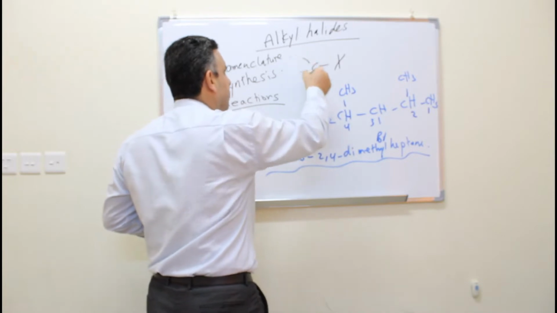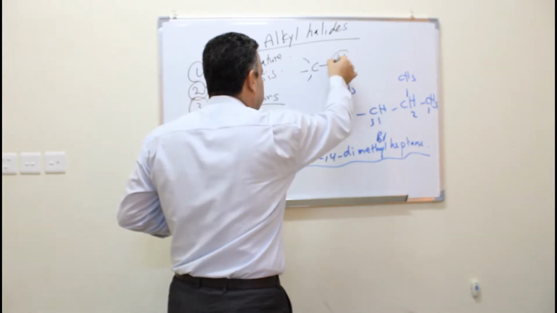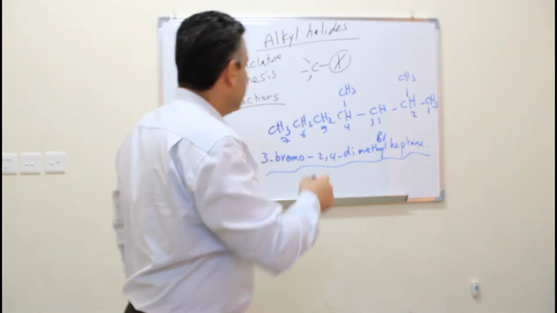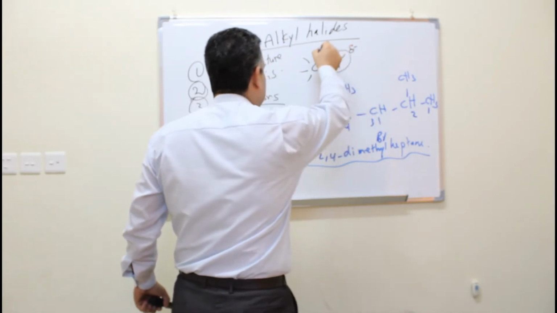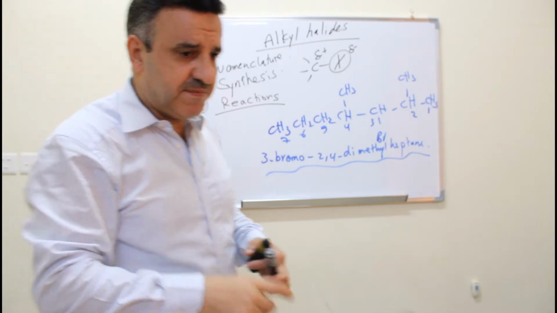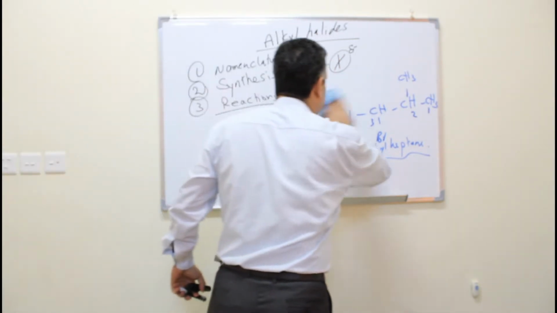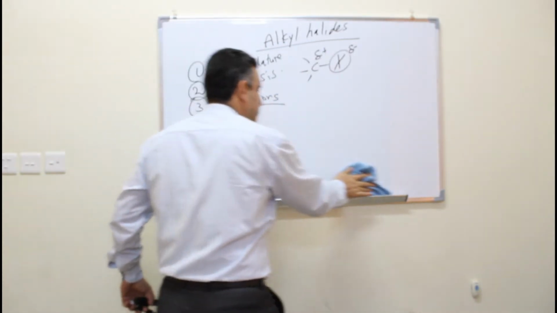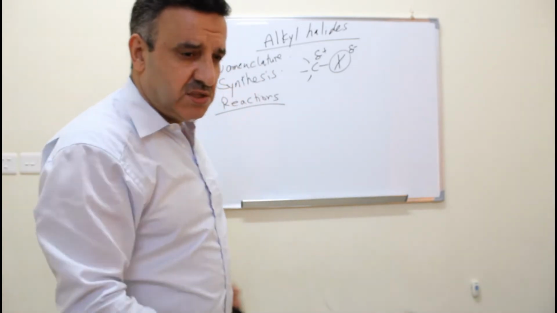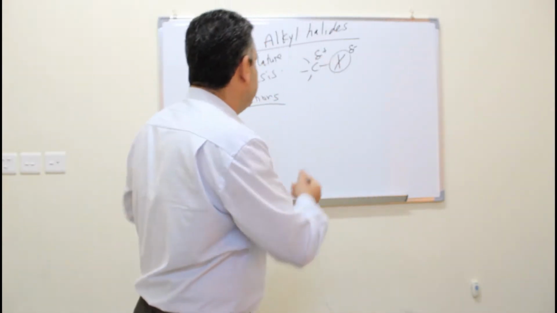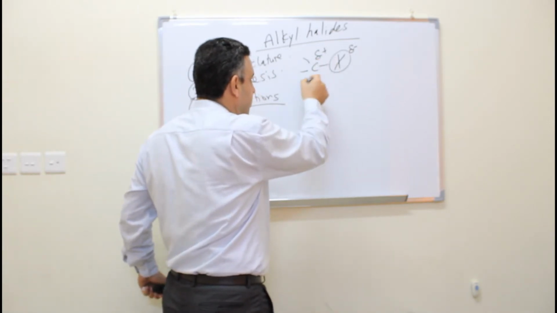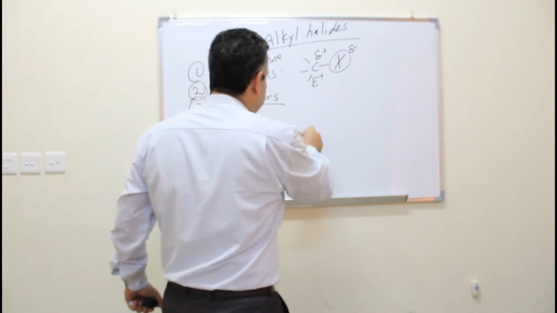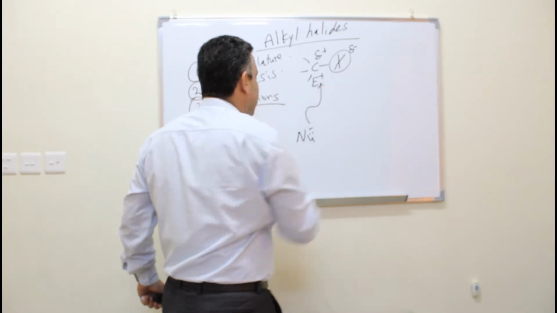In principle, as you all know, the halogens have higher electronegativity compared to carbon, and therefore they always carry a partial negative charge, and the carbon carries a partial positive charge. Logically, for the reactivity of this functional group, we should expect the carbon to be susceptible to the attack of a nucleophile, because this partial positive means electrophilic behavior.